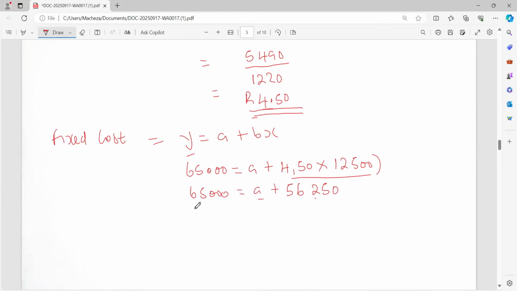So it's going to be 65,000 minus 56,250 is equal to A. We just subtract there: 8,750 is equal to A. So this is going to be our fixed cost, 8,750.